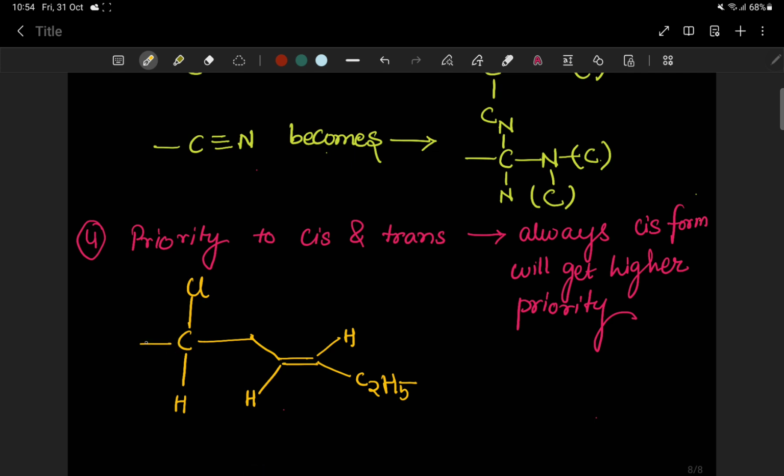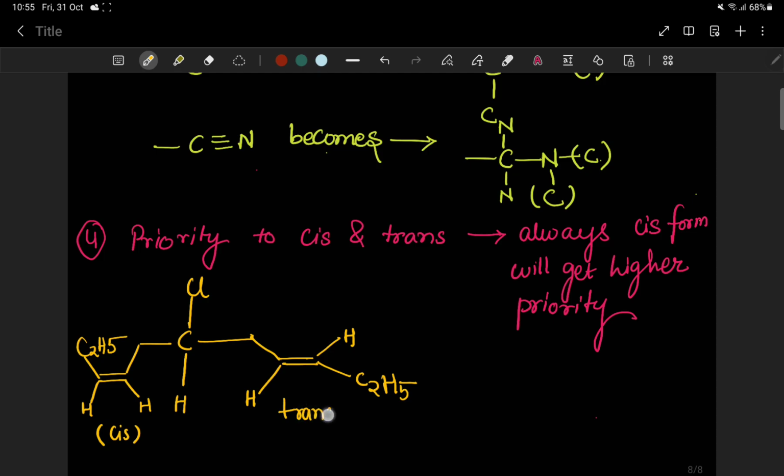Another one we have this way, another carbon, adjacent to it I would draw like this. This is the form, and here I have C2H5, and here I have hydrogen and hydrogen. Before I explain what is cis and trans, just remember this is the cis form and this is the trans form.